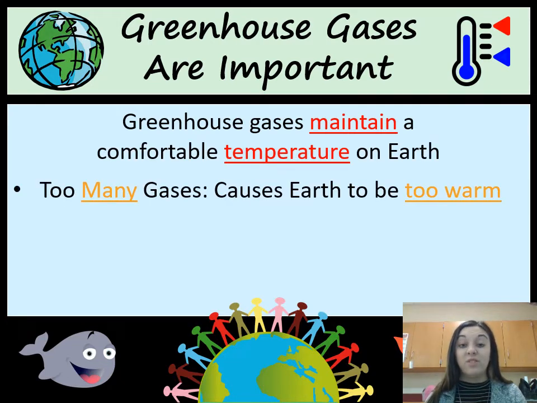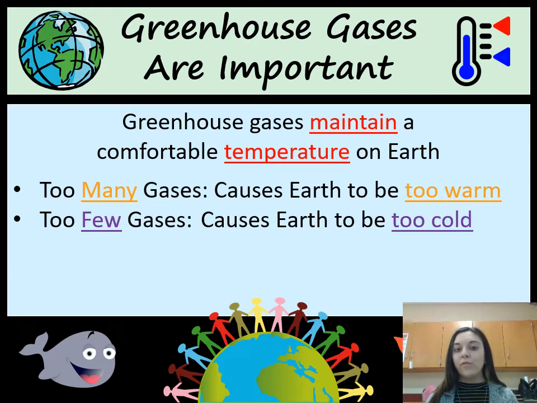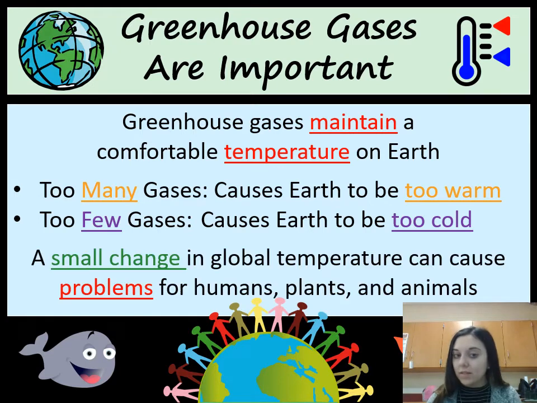If we have too many of those gases, like we're burning fossil fuels and we're getting a lot of those gases out into our atmosphere, it's going to cause our Earth to be too warm. If we don't have enough of them, we don't have a blanket surrounding the Earth, and it's going to get too cold. So they are necessary. But just a small change in our global temperature can cause huge problems for all of us.